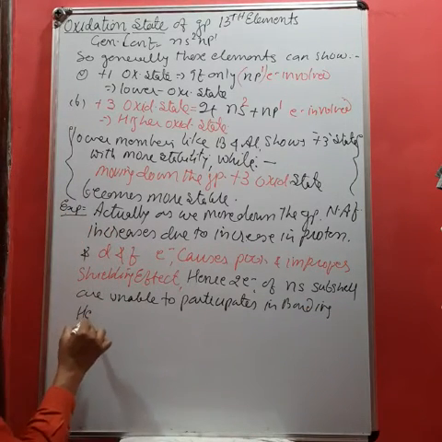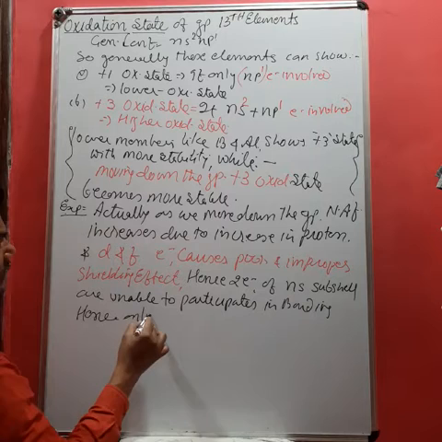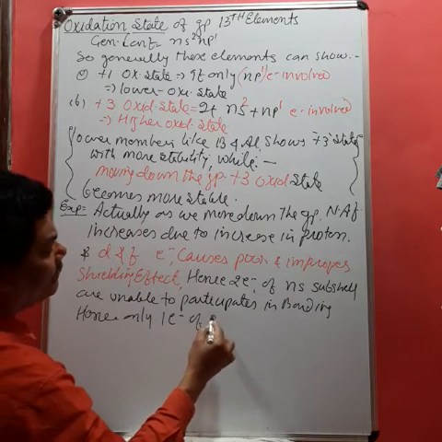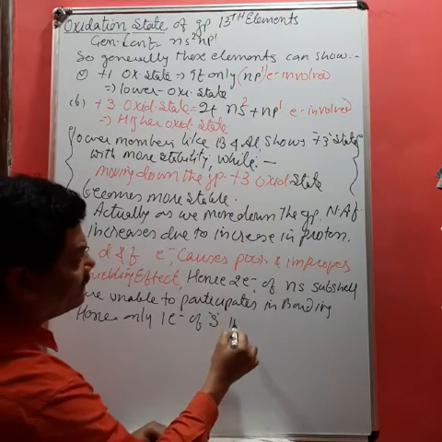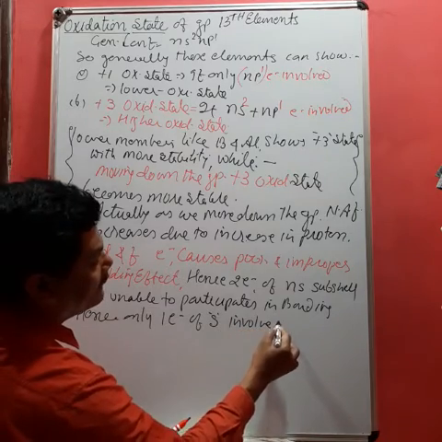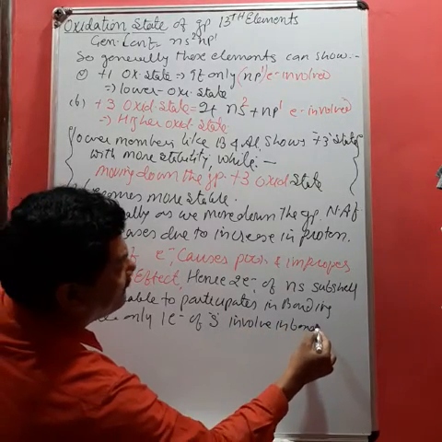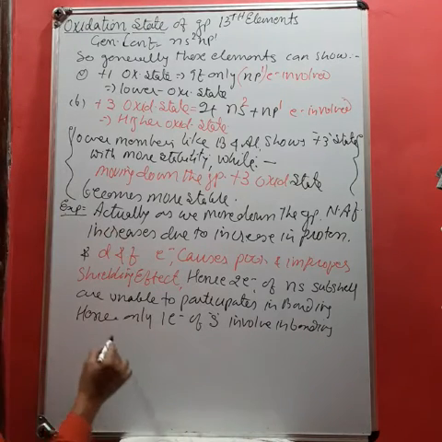Hence only 1 electron of p is involved in bonding.